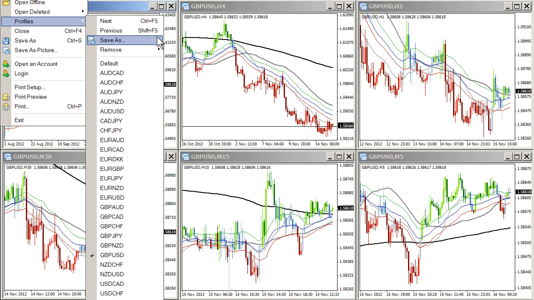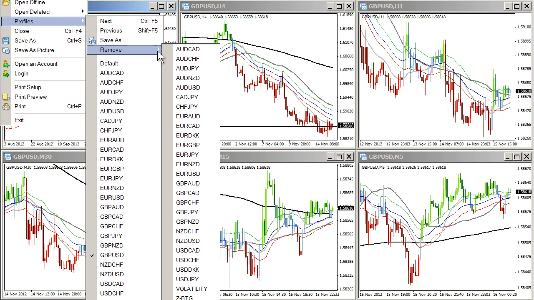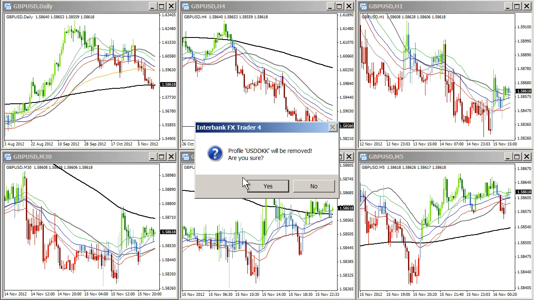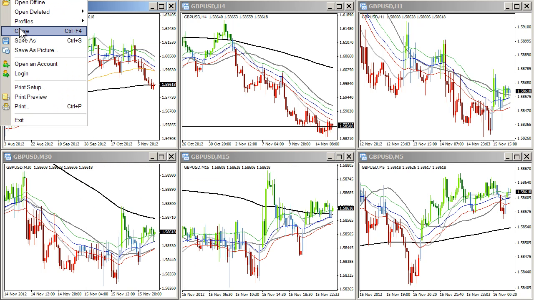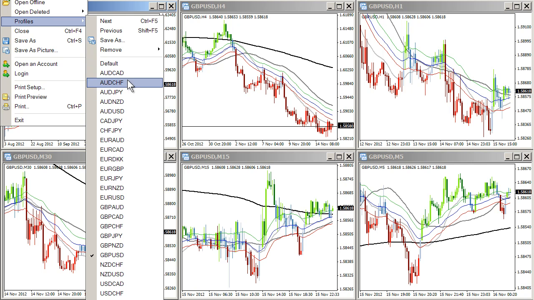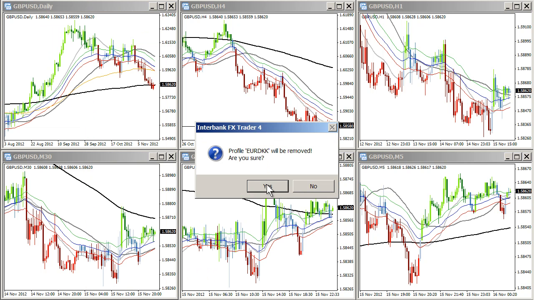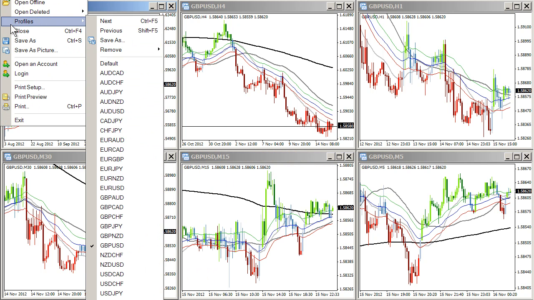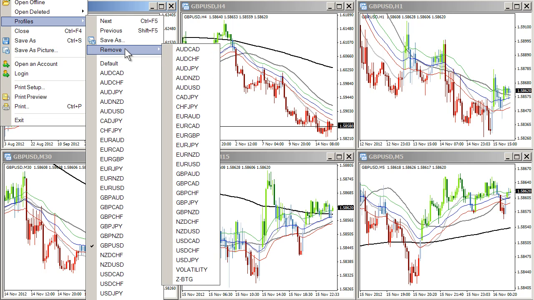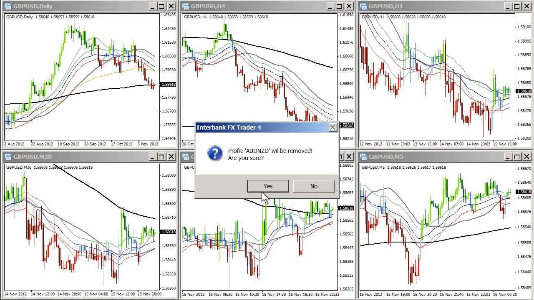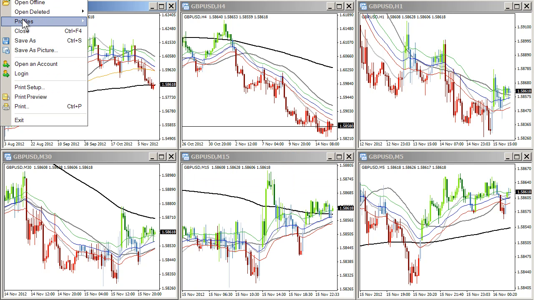I've often felt that it probably would behoove me to remove some of the symbols on my list that I haven't looked at in a while. So I wanted to actually wait till tonight to do that with you all. I've been finding that there's a number of pairs on this list that I simply am not trading, and I can always add them again. And I think it would be a good idea from time to time to clean your list up. Look at pairs that you haven't been trading and take them right off the list. You can always add them again.